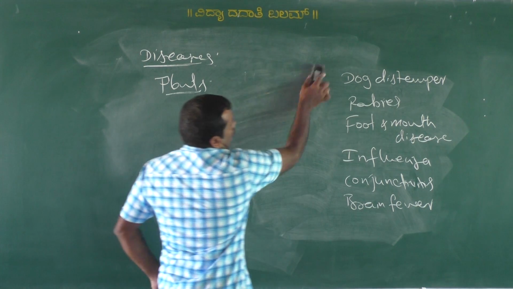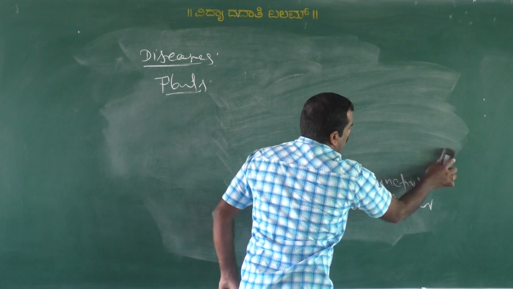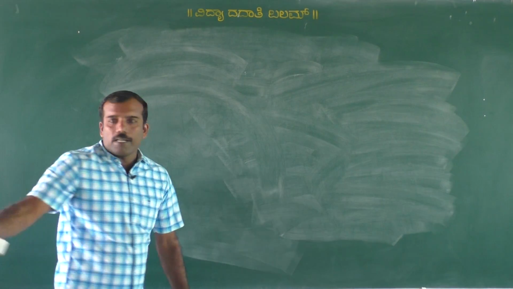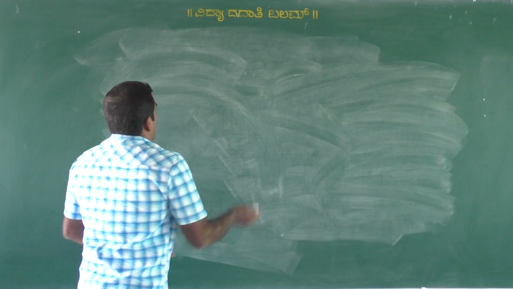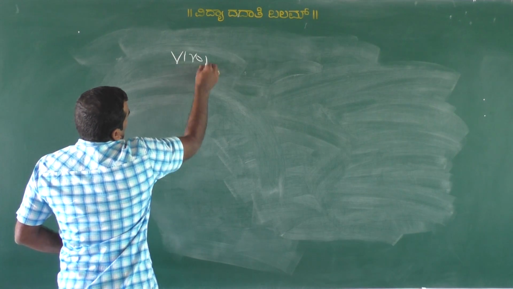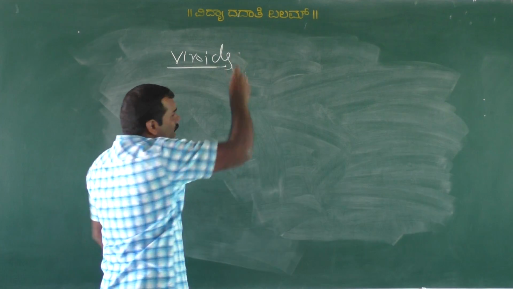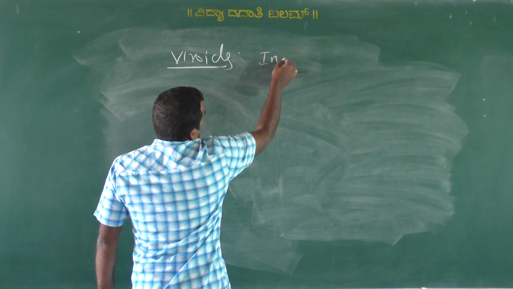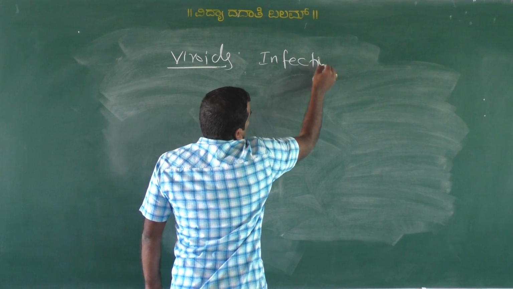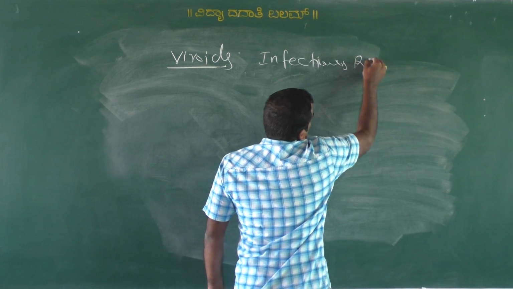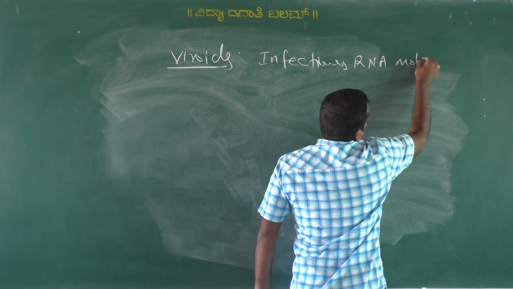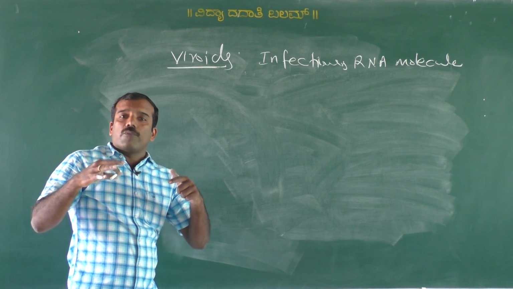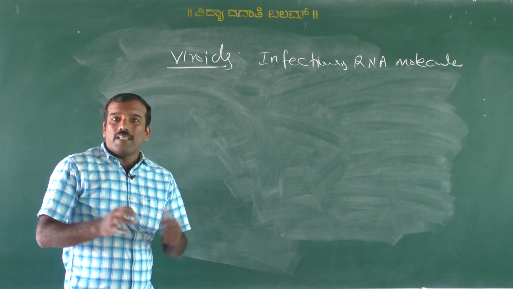Then one more important organism, other than the five kingdom classification, not belonging to the five kingdom classification, that is viroids. Viroids are infectious RNA molecules without protein coat, that lack protein.